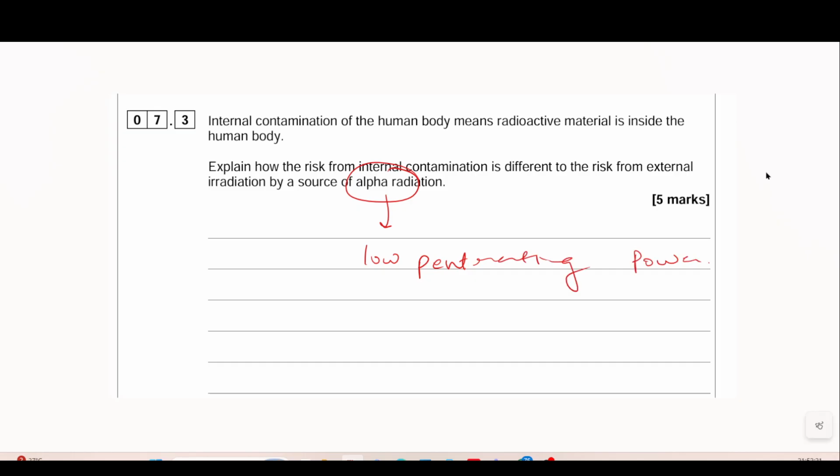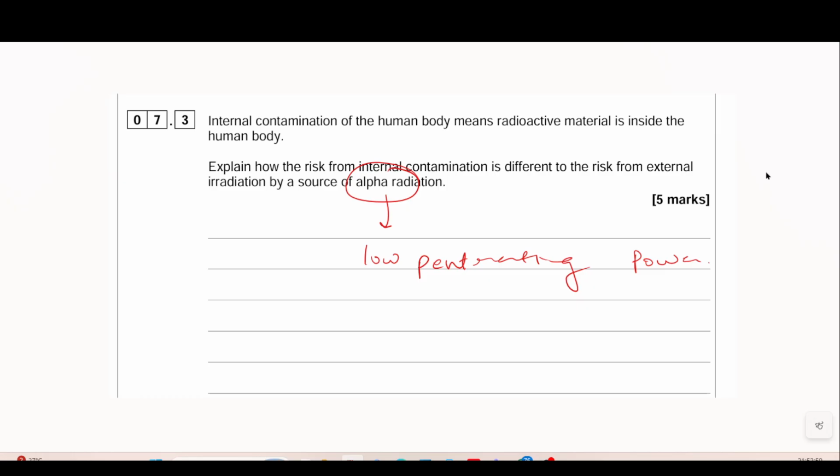If an alpha source is inhaled or swallowed, it is in direct contact with living tissue. Alpha radiation is highly ionizing, so it can cause damage to DNA and damage to cells. When it is inhaled, there is a high risk of causing mutation in DNA.